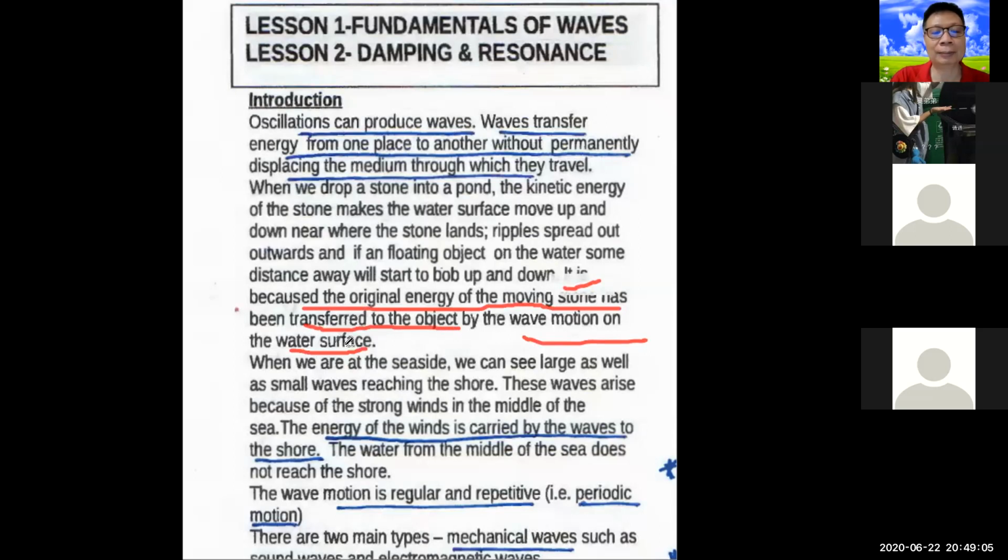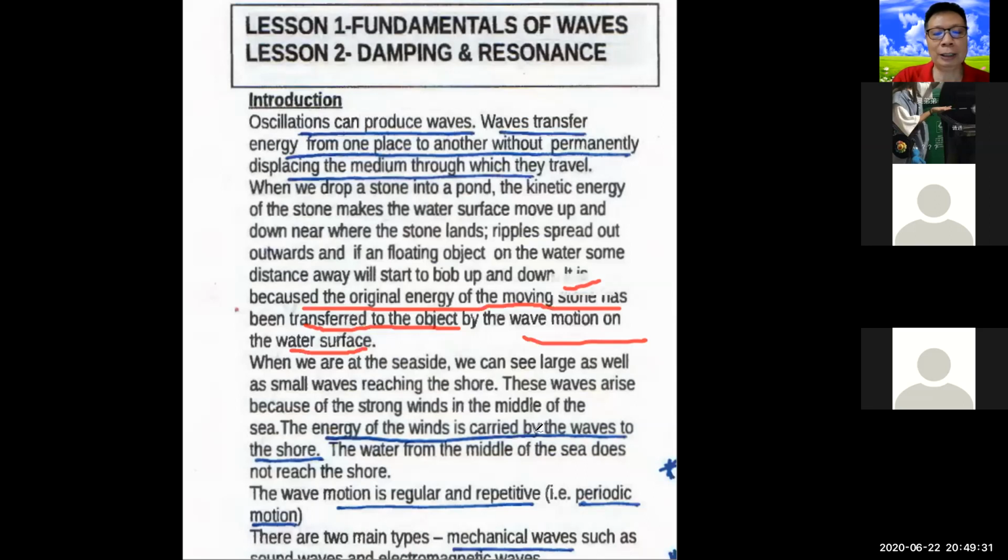Near the seaside, we can see large as well as small waves reaching the shore. You can see the water waves come to the shore, right? These waves arise because of strong winds in the middle of the sea. Okay, strong wind. So the wind transfers its energy to the water. So the water gets energy, so it becomes a wave.